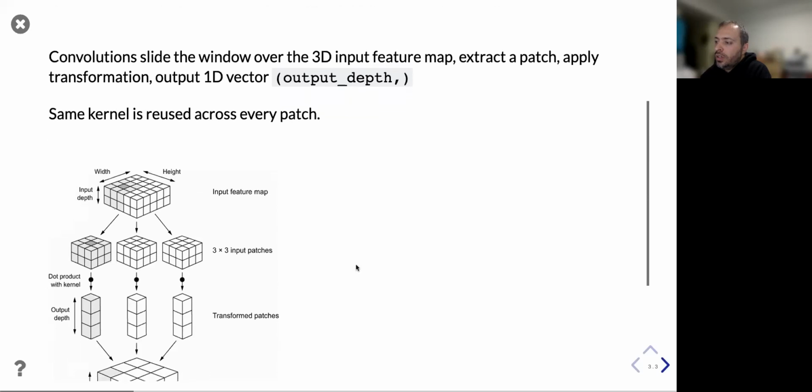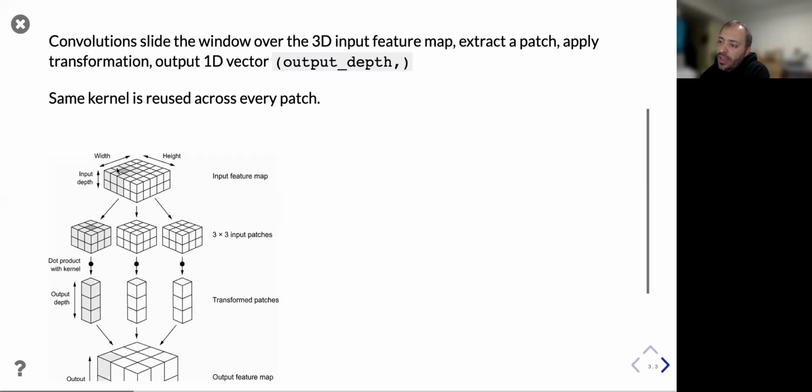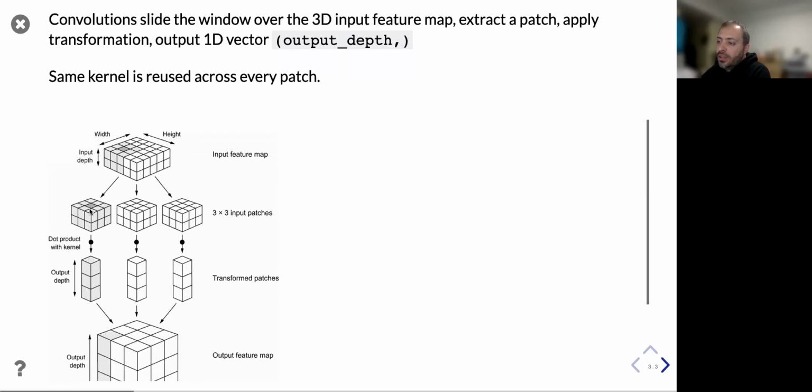So let's say that we have this as the input feature map, and we have something like 5 by 5 here with two channels, okay? And we extract patches from this volume. So we want patches of 3 by 3, so we will extract 3 by 3 by 2, all the available volumes we have. And then we take this and apply a dot product with the kernel.